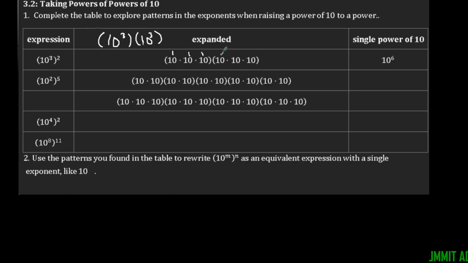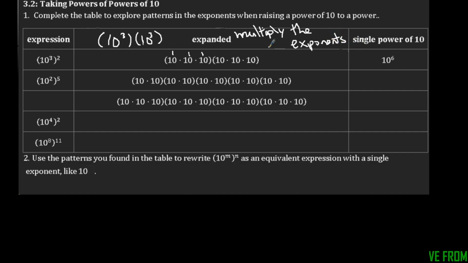It's because each of these has 3 of those 10s in it, and then we have 2 of those groups. So altogether, we multiply the exponents.